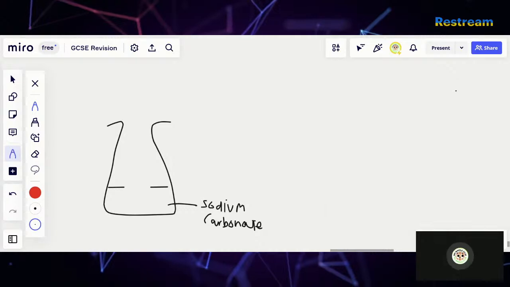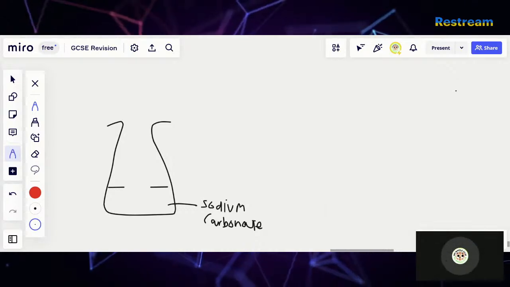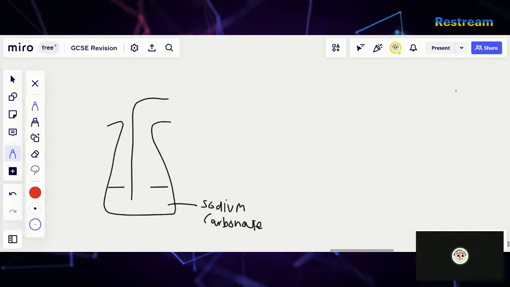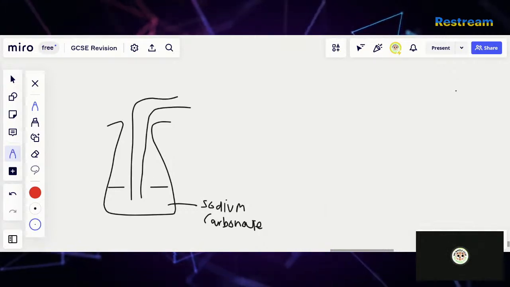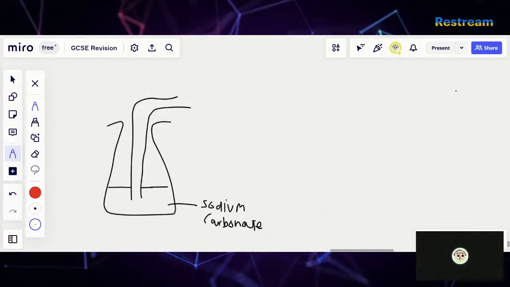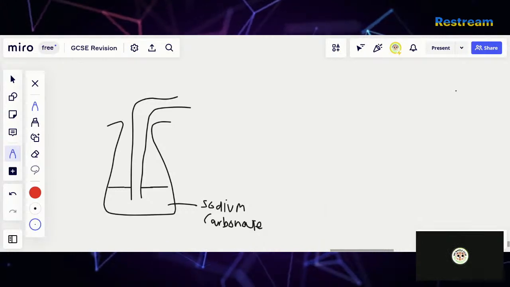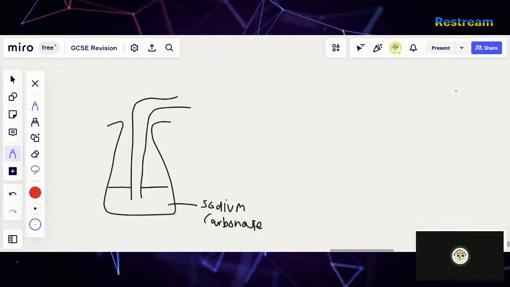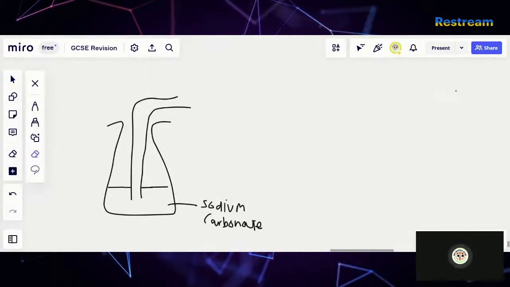So we have sodium carbonate here, and what we do is then we connect this to a delivery tube. Make sure the delivery tube is not touching the bottom, and we want the delivery tube to be sticking into the acid.